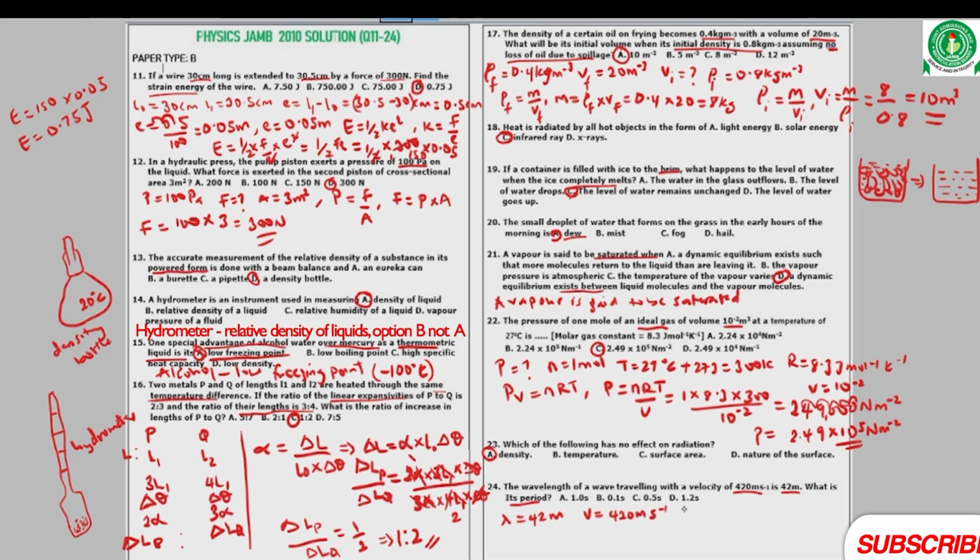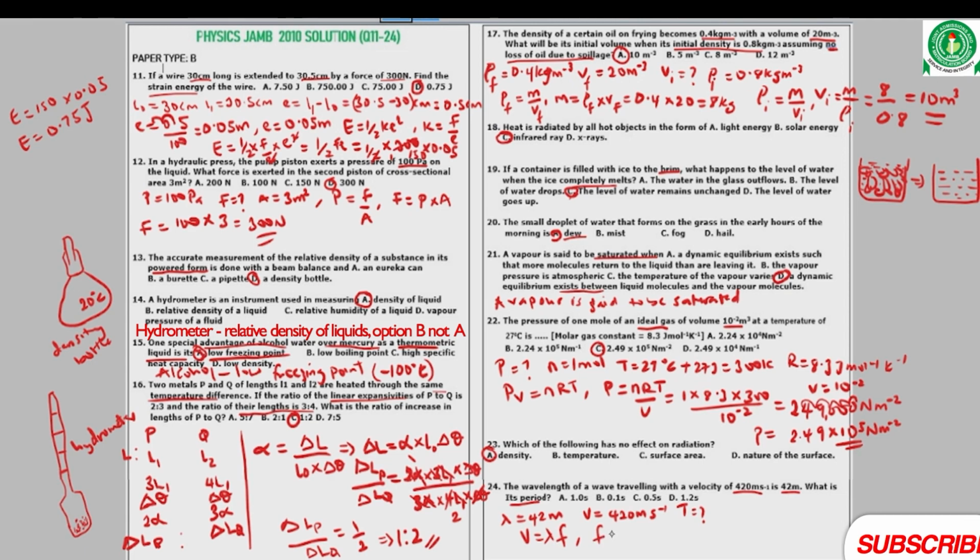Now what is its period T? Note that the wave speed is given as V equal to lambda times F.